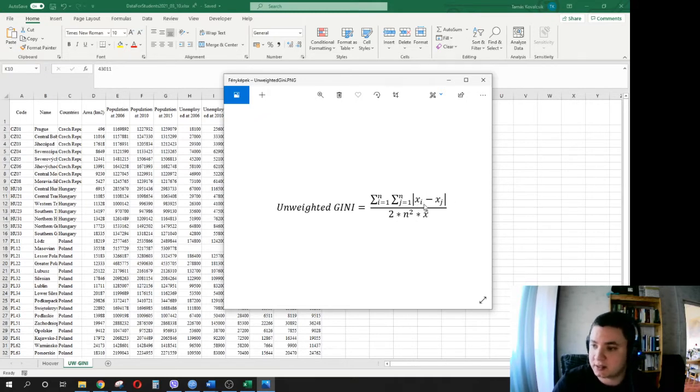In the GINI case, we make a comparison within one variable, but we are curious about the average differences between the values in one dataset.